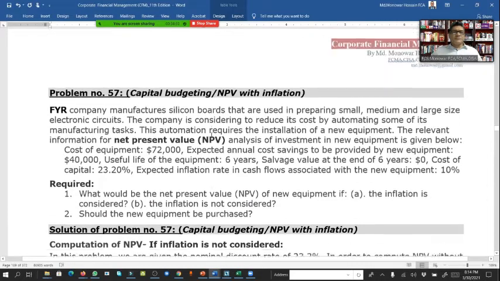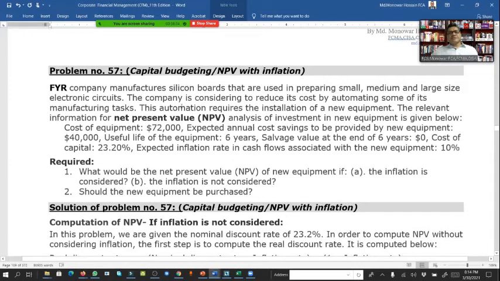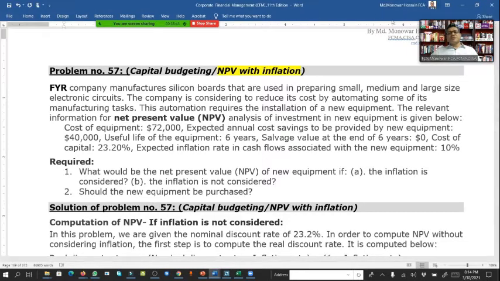Come here, look here. Capital budgeting, NPV with inflation. Suppose we are a company manufacturing silicon boards used for preparing small, medium and large size electronic circuits. The company is considering reducing its cost by automating some of its manufacturing tasks. This automation requires the installation of new equipment. The relevant information for net present value analysis is given below.